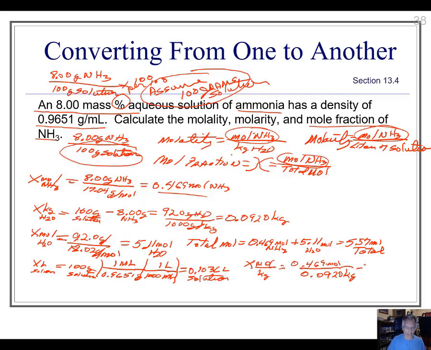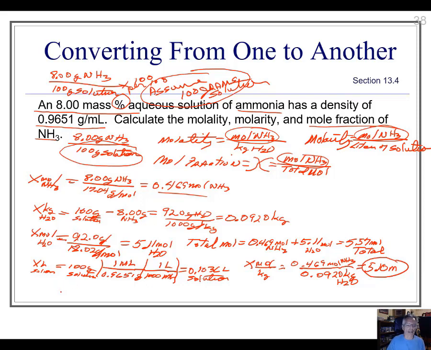That'll be my molality, so we'll do that. 5.10 molal. So my molality is 5.10 lower case m, that's my moles per kilogram, moles of solute. And don't forget, this is kilograms of water, which is my solvent.